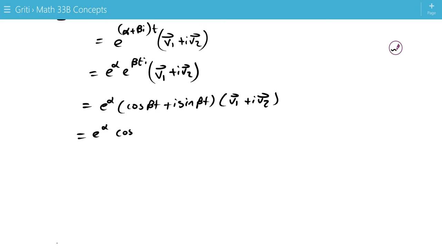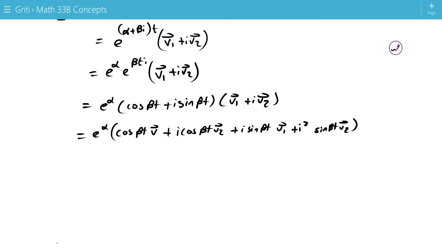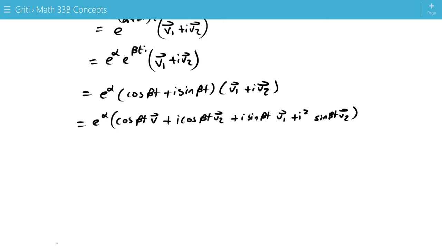So we get cosine beta t v1 plus i cosine beta t v2 plus i sine beta t v1 plus i squared sine beta t v2. So i squared is just negative 1. So this is going to be negative sine beta t v2.